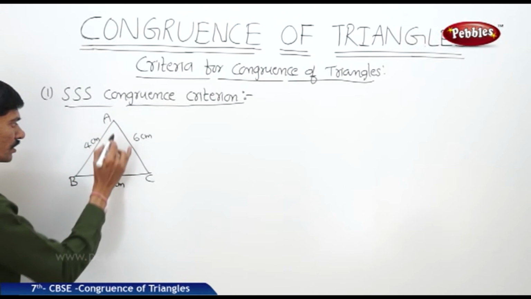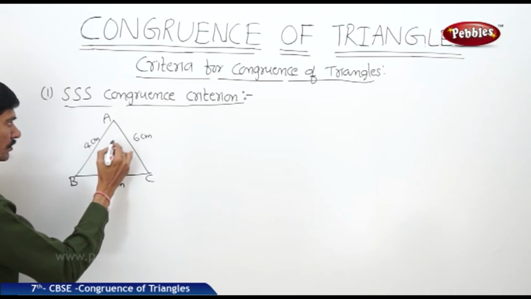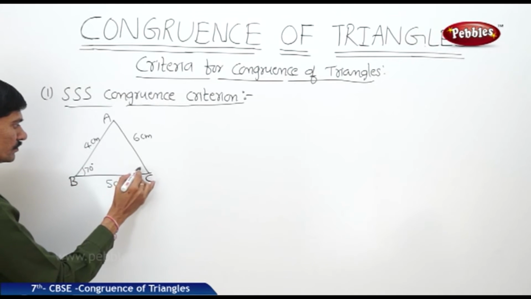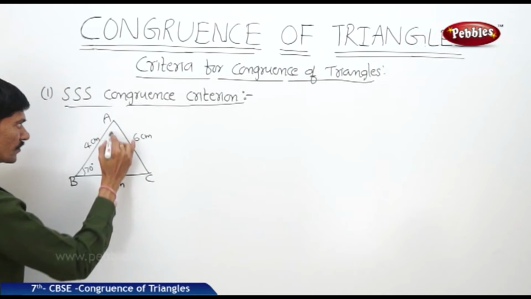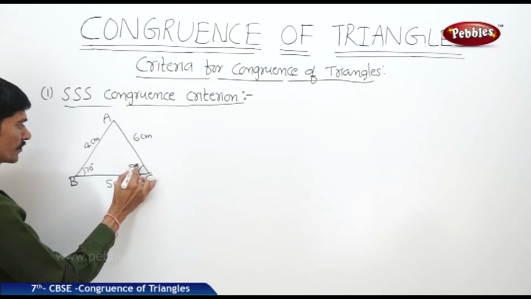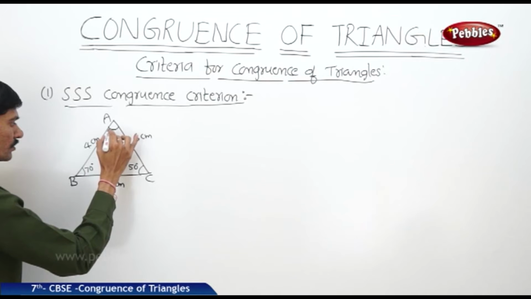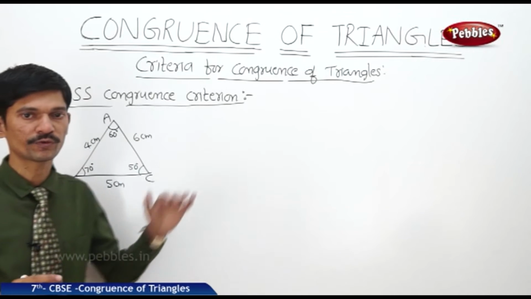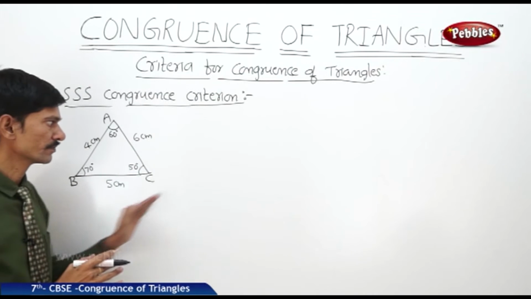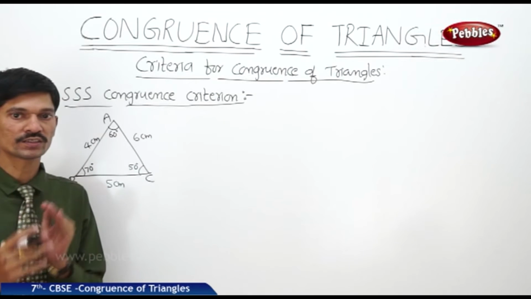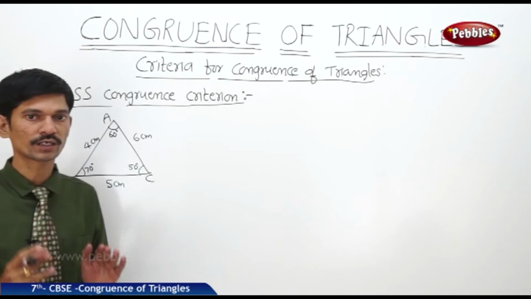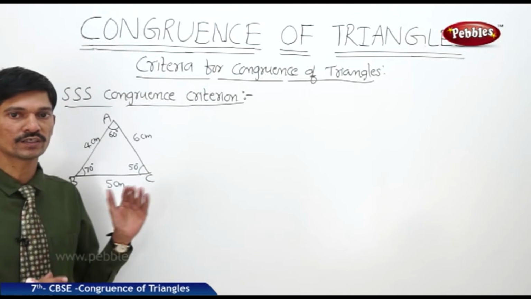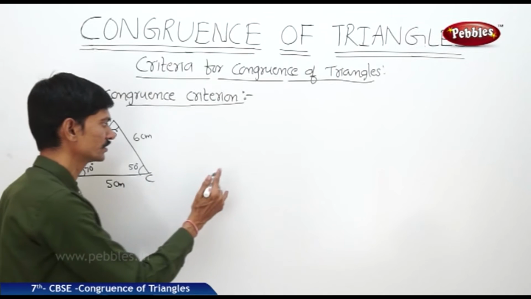The angles are given as angle B is 70 degrees, angle C is 50 degrees, and angle A is 60 degrees. Now if you want to draw a copy of the given triangle, and I give you only one side of the triangle, for example, the side BC.